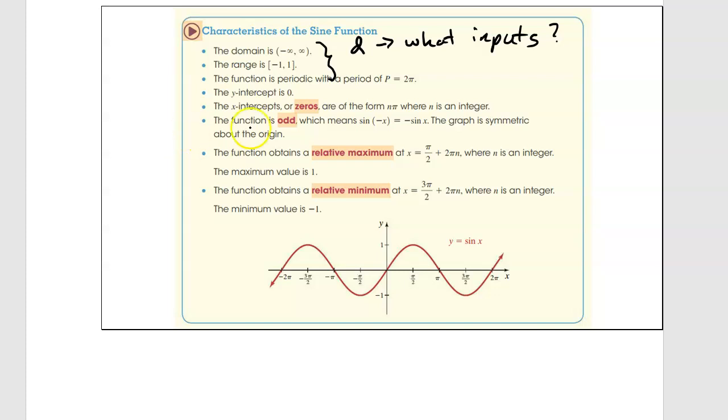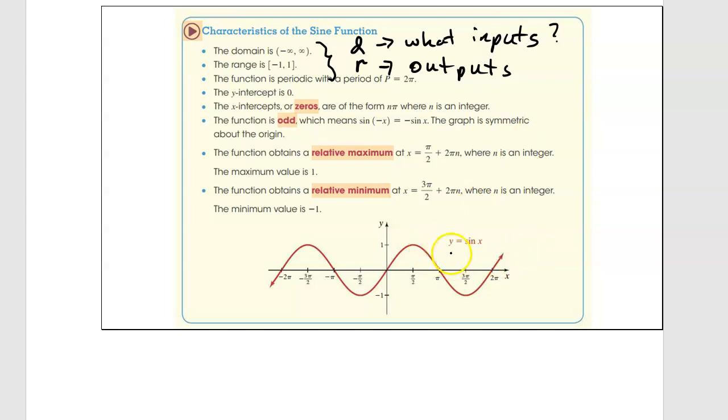However, the range, R, is the outputs, and this isn't infinite. Like I said in the first or second slide, the maximum of our sine function is positive 1, and the minimum is negative 1. We can't go outside that range. Again, we're constrained to our unit circle.